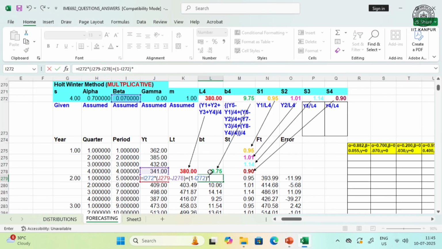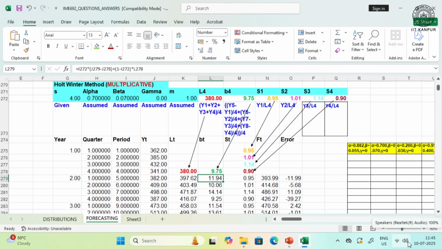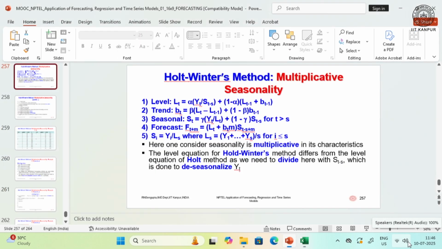BT minus 1 basically was the value of 0.9. So, you have the value of BT.